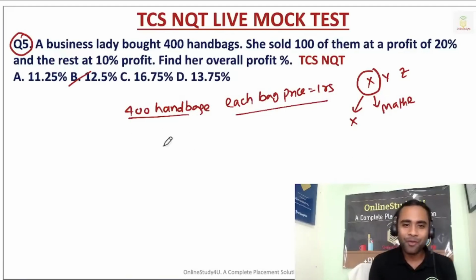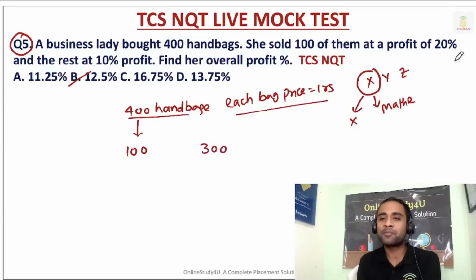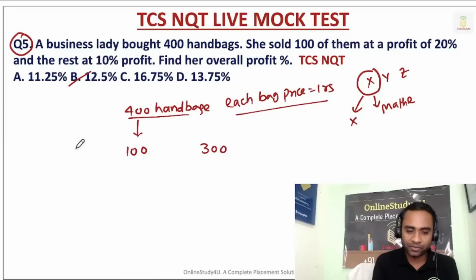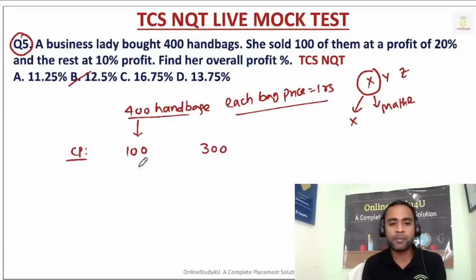So 400 handbags, right? So 100 and 300 I am writing, because 100 of them she is selling at a profit of 20%. So this is, suppose, the cost price. 400 bags: 100 bags is 100 rupees, 300 bags is 300 rupees. That means 400 total.